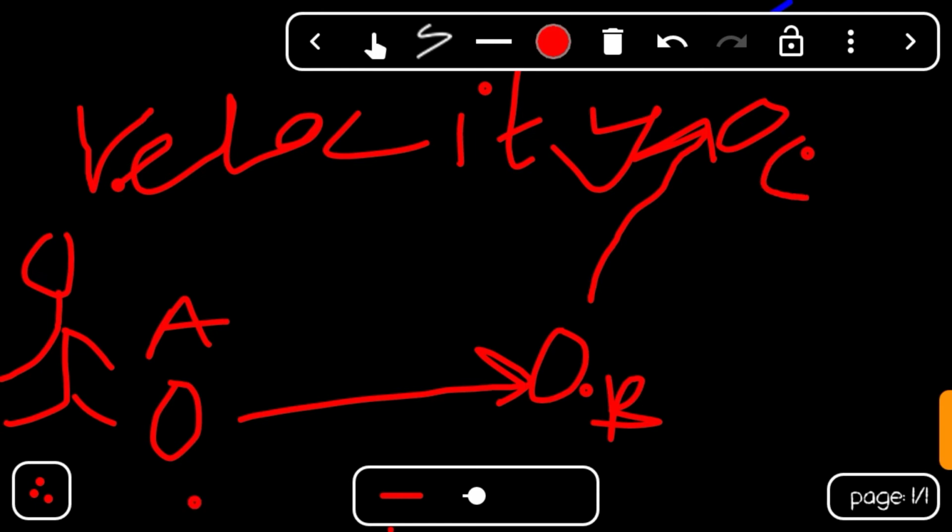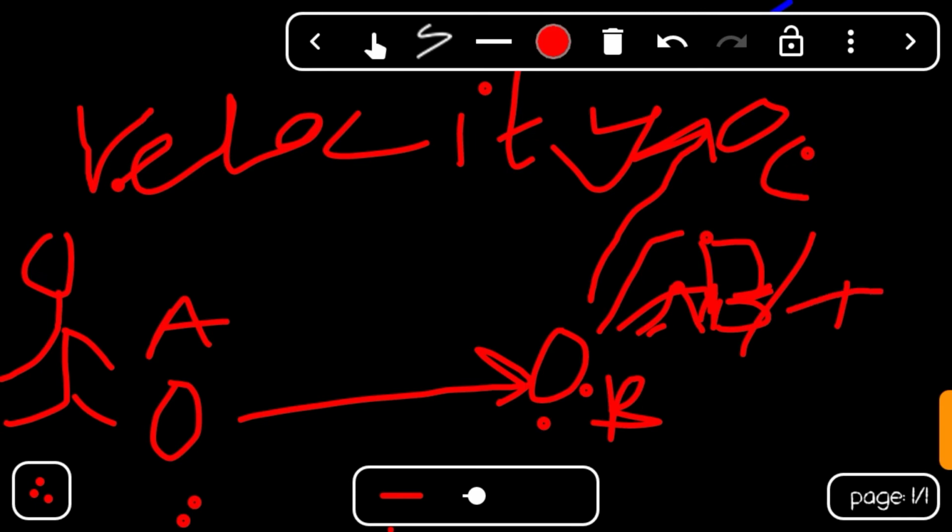The distance which this ball has covered is distance from A to B to C. So to get the distance, we'll be doing distance AB plus distance BC. That is the distance.